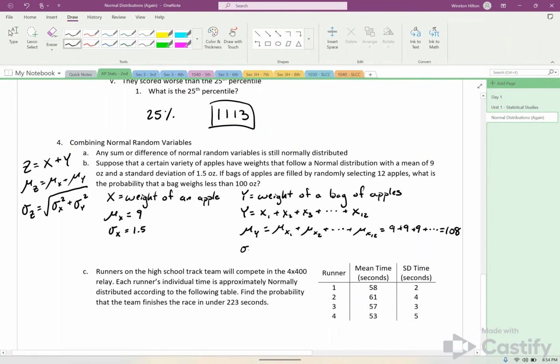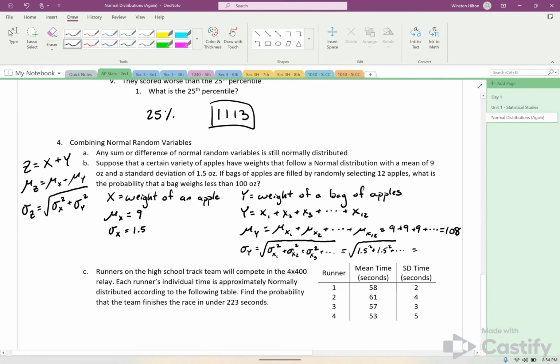The standard deviation of y is going to be the square root of the variance of x1 plus the variance of x2 plus the variance of x3, etc., etc. So that's going to be the square root of 1.5 squared plus 1.5 squared 12 times.